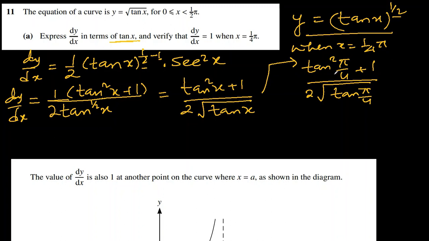Why? Because it is equal to 1. So tan square 1 becomes 1 square plus 1 divided by 2, and tan pi by 4 is again 1. So we can say 1 square plus 1 is 2, and 2 square root 1 is 2. 2 and 2 cancel out. Yes, it is equal to 1.